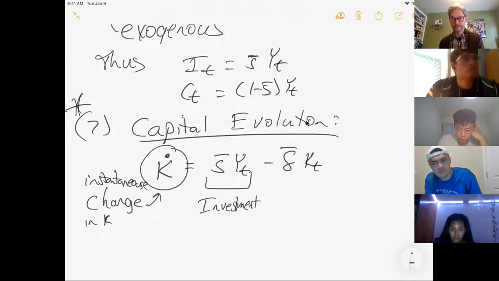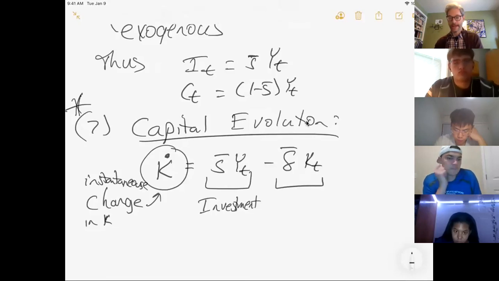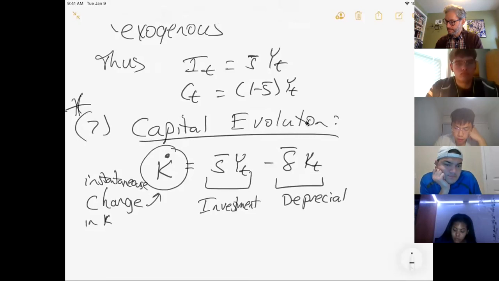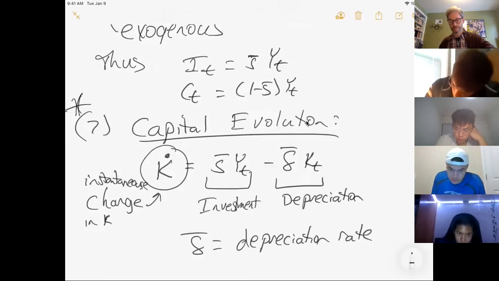So when we save more and we invest more, that adds to our capital stock. What decreases our capital stock? Depreciation. Where delta bar here is what we call the depreciation rate. And once again, notice that there's a bar there. So it's exogenous. We're not explaining where this comes from. We're just saying a certain fraction of your capital stock depreciates every year.